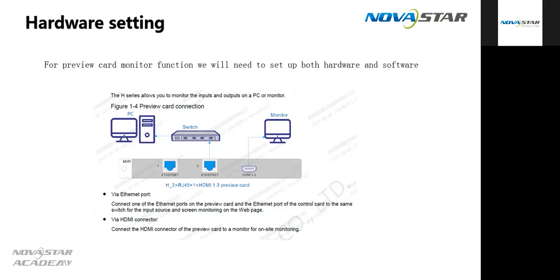If you use H series products, you will need to use the control card to connect to the PC, and then you can use the web page to control everything. So at this point, you have to use the same switch for the preview card and control card.